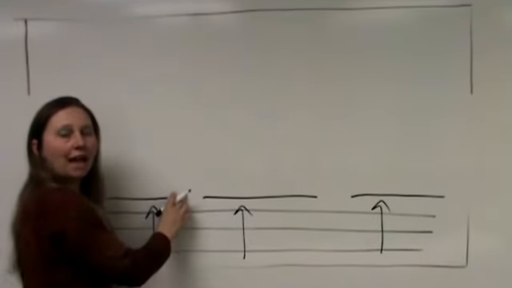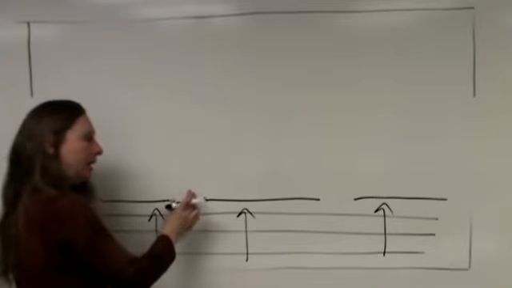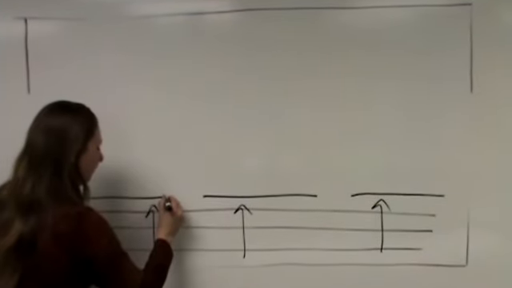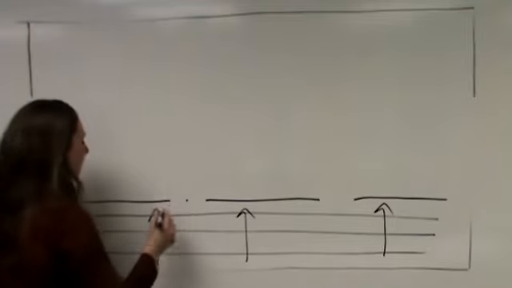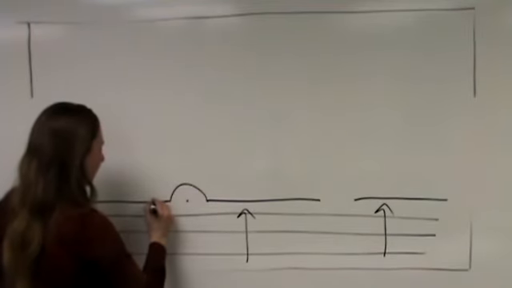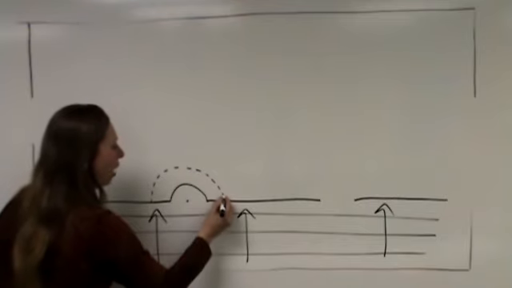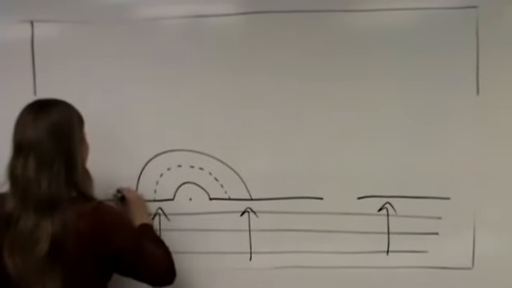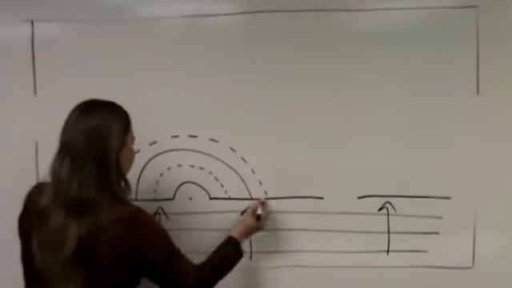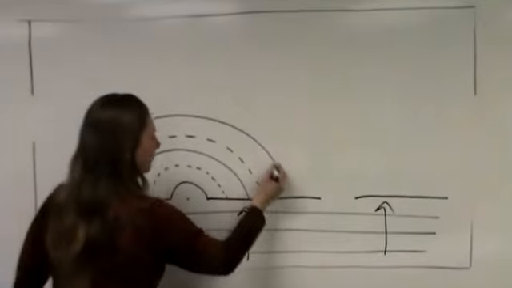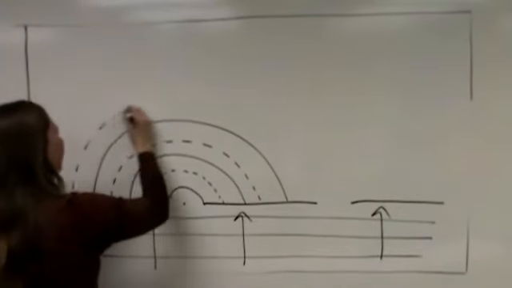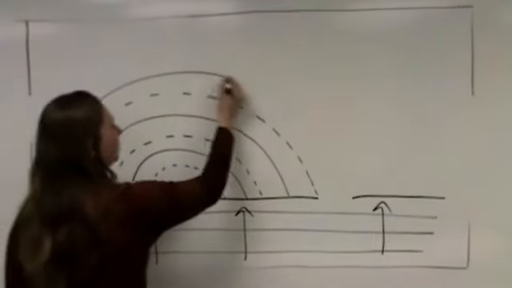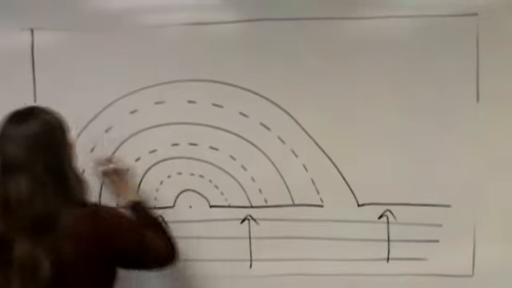They're going to pass through the opening and then start all over again on the other side. So let's do that. I'm going to make a crest, and then I'm going to show you the trough also. A crest and a trough. A crest and a trough. Couple more, a crest and a trough.